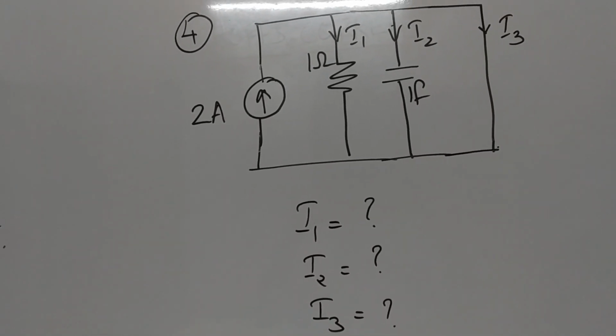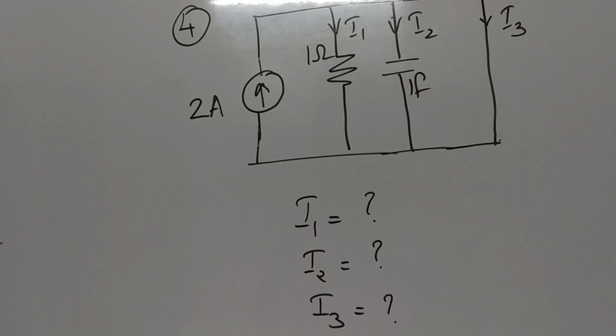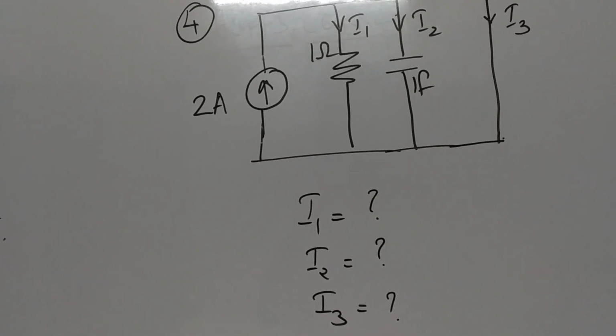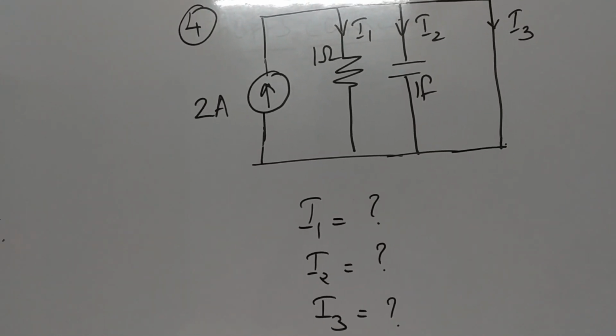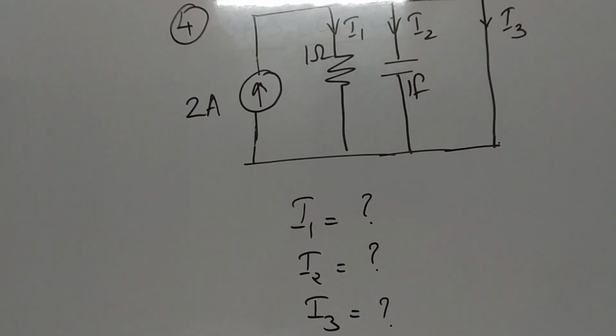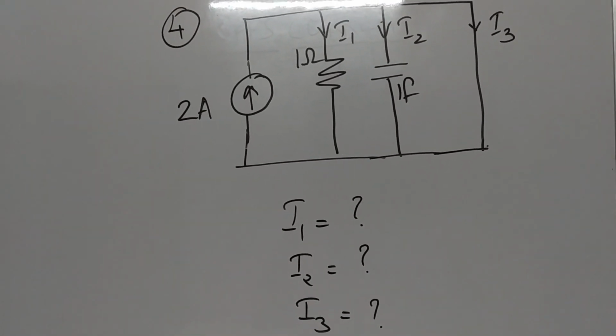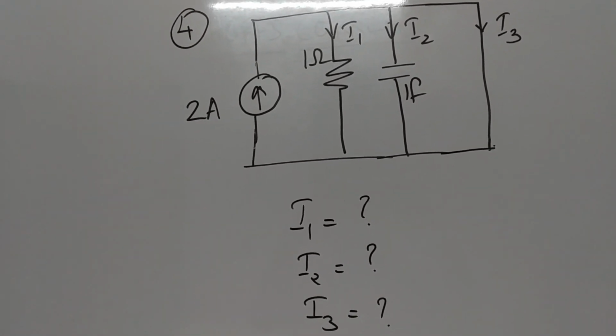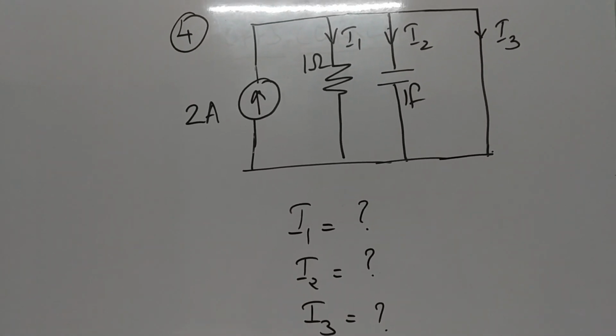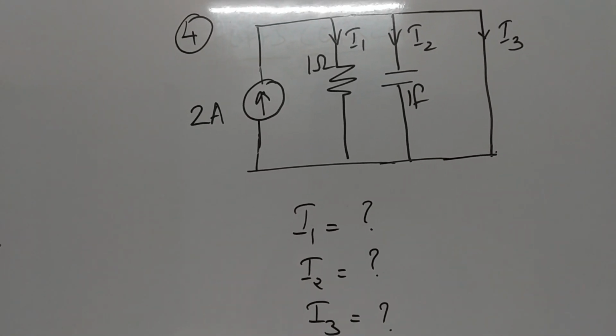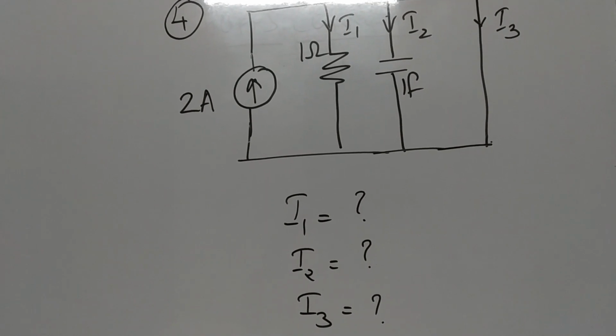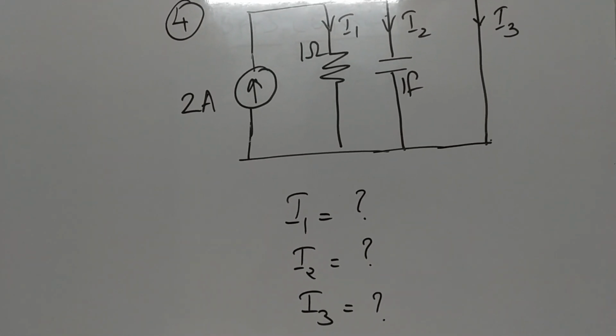Here we see that there is a 0 resistance path and a 2 ohm resistance path, right? And you are connecting a 2 ampere source across it. In such a scenario, the complete current will flow through the short circuit path. Why? Because there is no resistance.